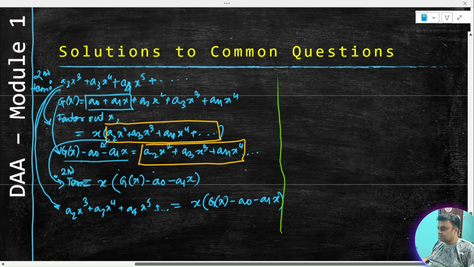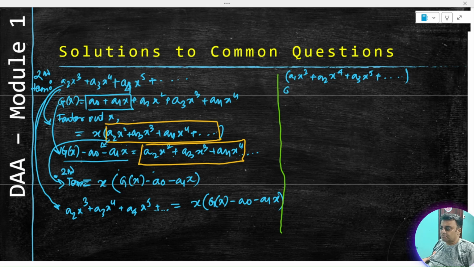Right, so the third term that we are going to get is looking like this: a1x cube plus a2x^4 plus a3x^5 plus dot dot dot. So what is not right? If I compare it with g(x), a0 plus a1x plus a2x square plus a3x cube, what is not right?